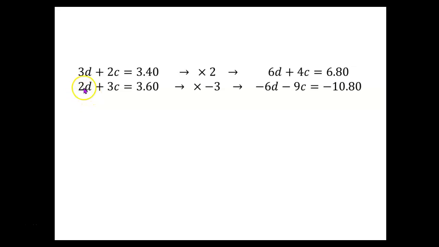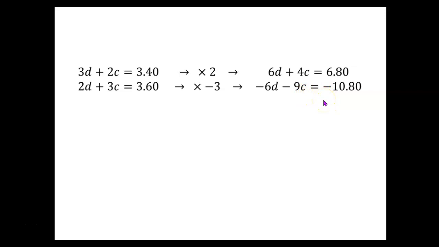here. So after multiplying the top equation by 2, remember everything on both sides has to get multiplied by the same number. We get 6D plus 4C equals 680. Multiplying the bottom equation by -3, we get -6D minus 9C equals -1080.